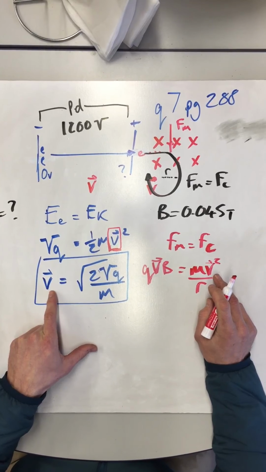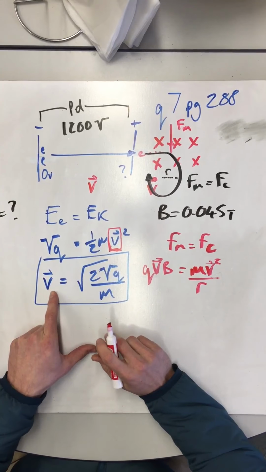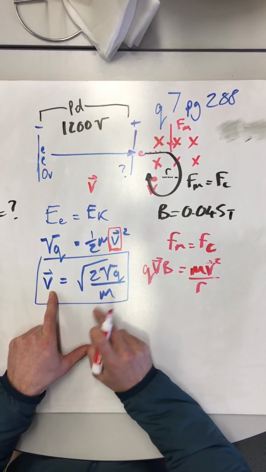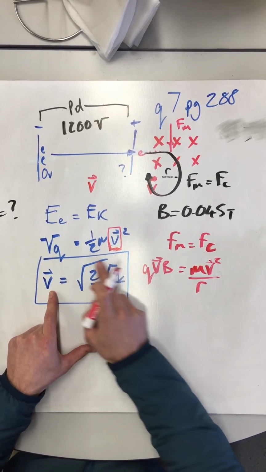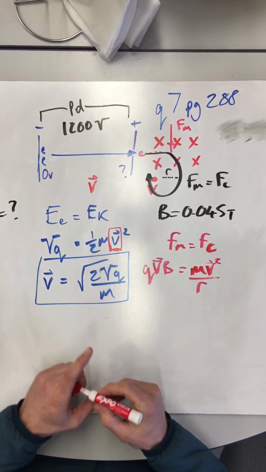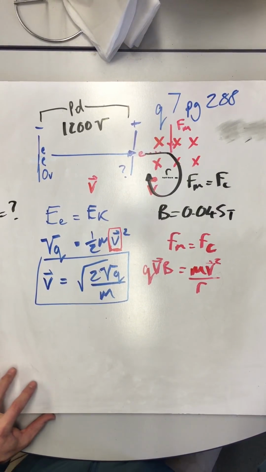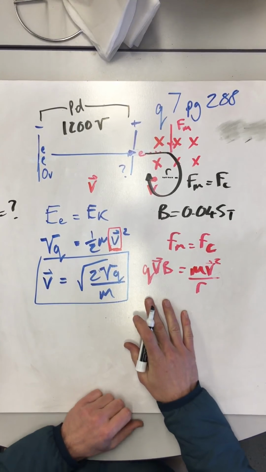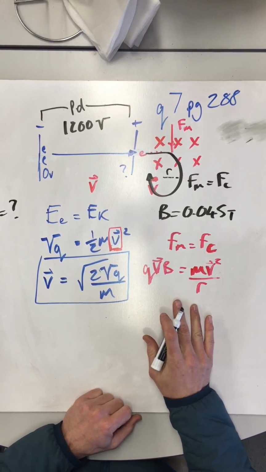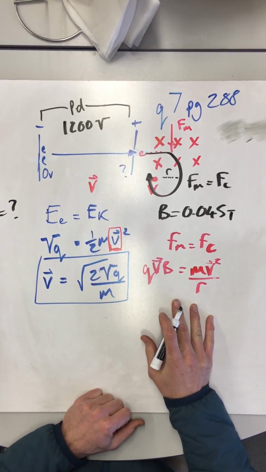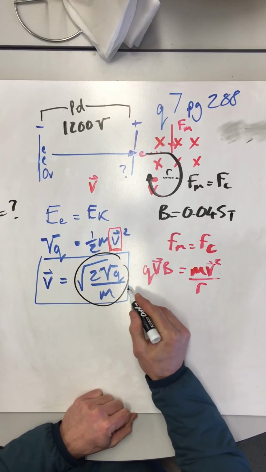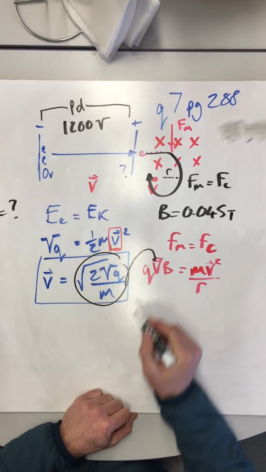But over here I said that since the velocity is constant, this must be the original condition, so whenever I see velocity I can just replace it with this formula here. That's essentially what I'm going to do. I'm going to basically merge these two together and solve for r. What does that look like? Well, you can do this yourself, but basically I'm taking this and I'm putting it in for velocity.